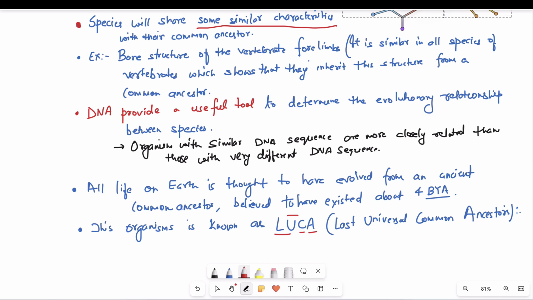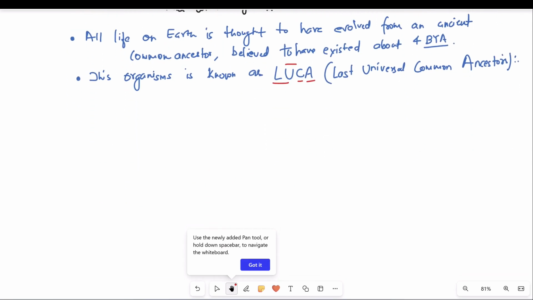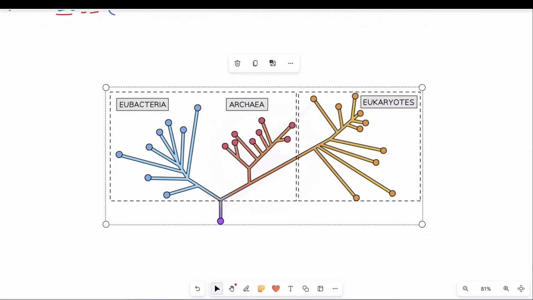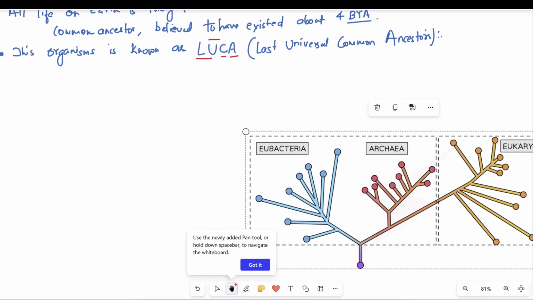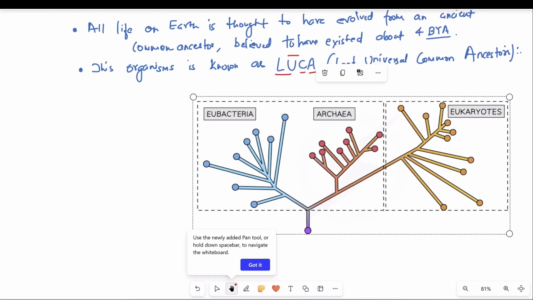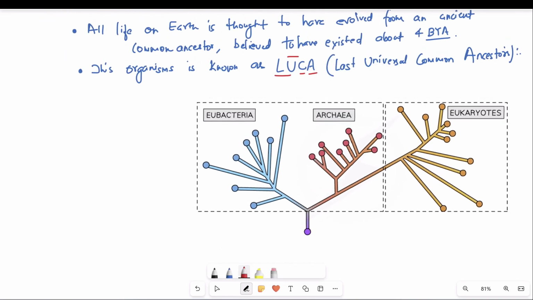So in the phylogenetic tree of life, LUCA would be the organism at the very base of the tree. Like if I have to show the tree, let me show you the tree. Actually, I have already shown it, but let me show it to you again. This is the tree. So what we are finding is this scenario. LUCA is here, and from here all these things are coming out.